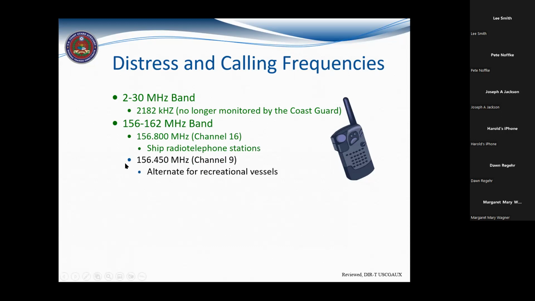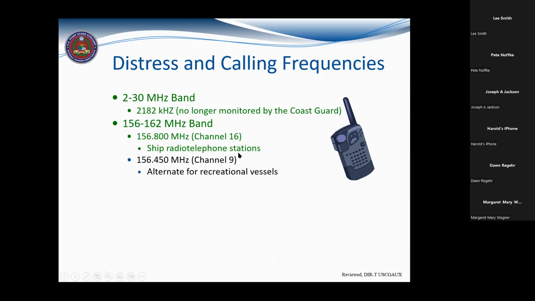Because of overwhelming radio traffic on channel 16, they developed a system for recreational vessels to use channel 9 as an alternative calling channel. There was some discussion when this was implemented, and the Canadians insisted that they want everybody listening to 16, whereas in the United States, they tried to say, well, let's use 9 in place of 16.